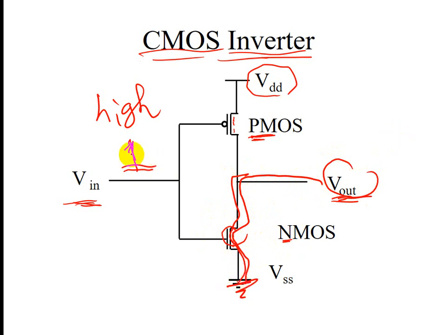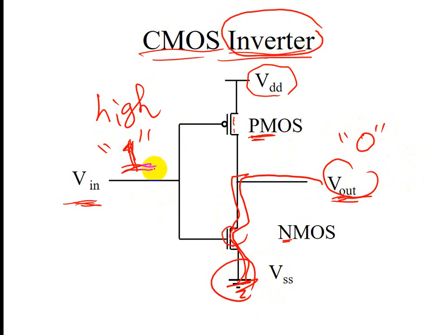So when you have high voltage 1 going in, the V out will be the ground, 0. Okay, we say this is an inverter. Input 1, output 0.